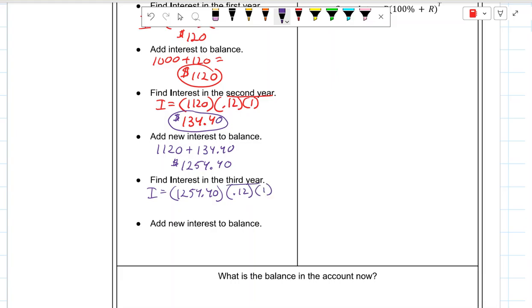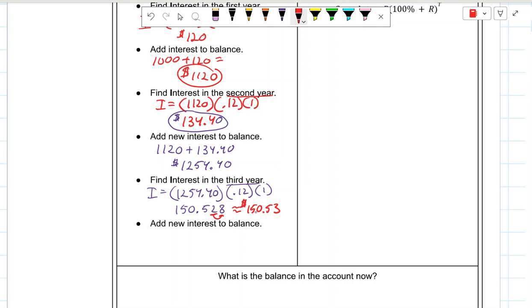So we multiply those, and we get 150.528. Because we're going to the thousandths place, we have to look here. That 8 bumps that 2 up to a 3, so 53 cents.